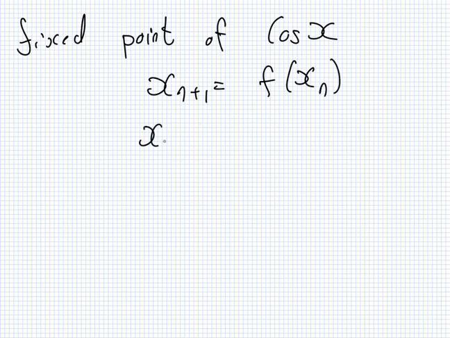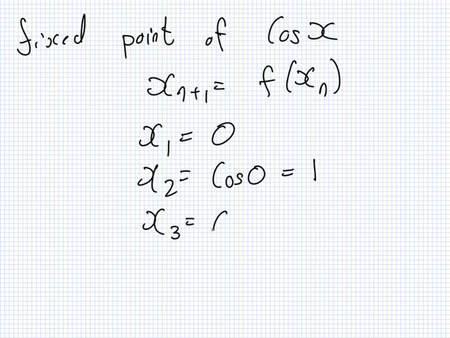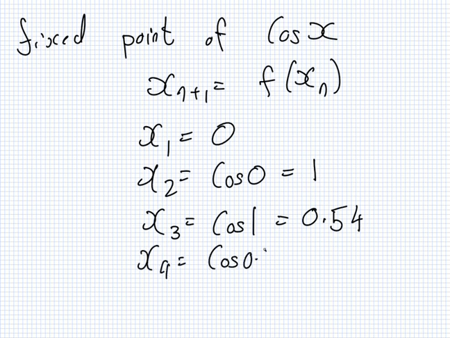So we start off with x1 equals 0. x2 would be cos 0, which equals 1. x3 would be cos 1, which equals 0.54. Then x4 will be cos 0.54.